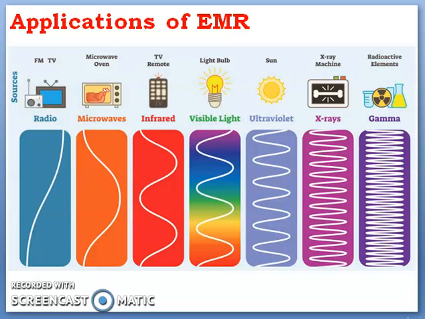Hence, if you look at the wavelength, radio waves have a higher wavelength than gamma rays. The gamma ray wavelengths are short, whereas the radio wave wavelengths are long. Wavelength and frequency are inversely proportional.